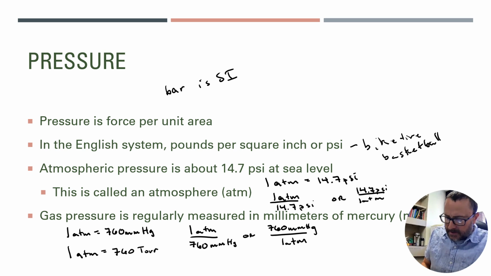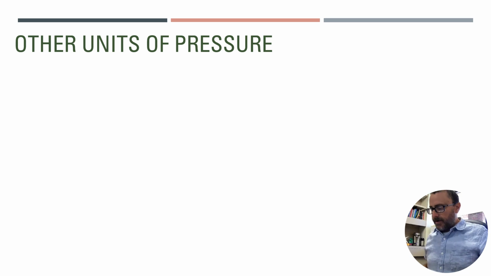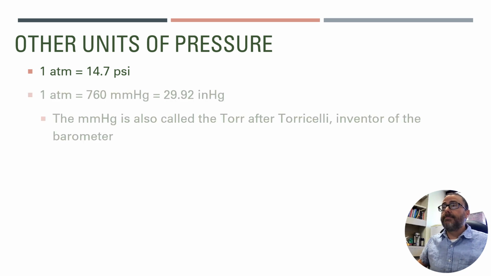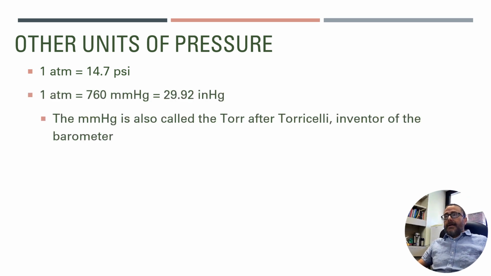So a lot of these things show up here on our other units of pressure slide. So we've gone through many of these. One atmosphere is 14.7 psi. It is 760 millimeters of mercury, though in the US we don't usually use millimeters. One atmosphere is 29.92 inches of mercury.